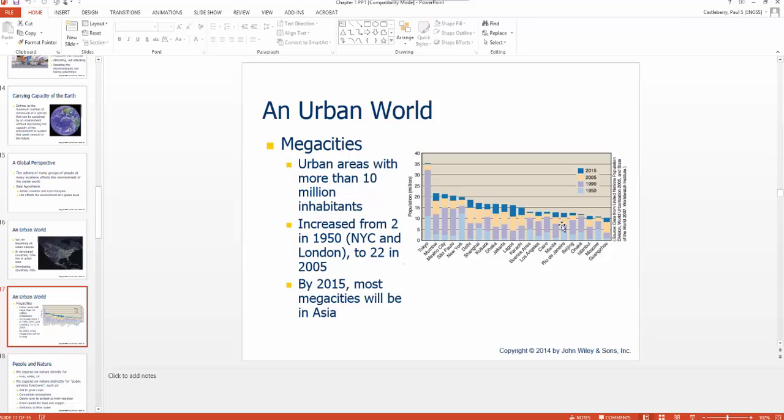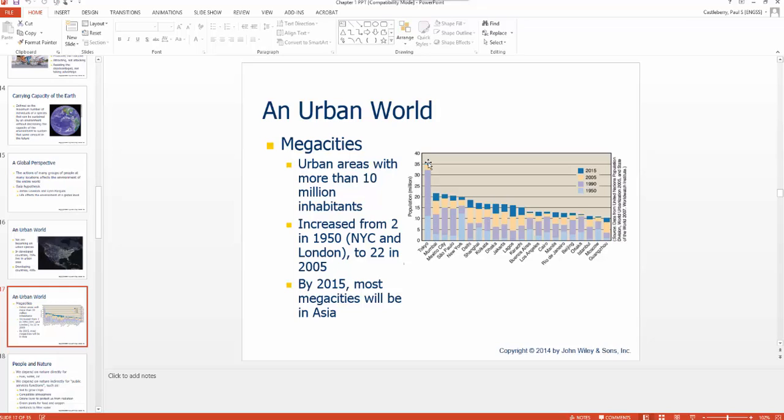Now you have these bar graphs here, and so the light blue shows population in these megacities back in 1950. If we look here at Tokyo, it appears that a shade over 10 million was in Tokyo back in the 1950s, whereas you go to the current, it's all the way up to 35 million.